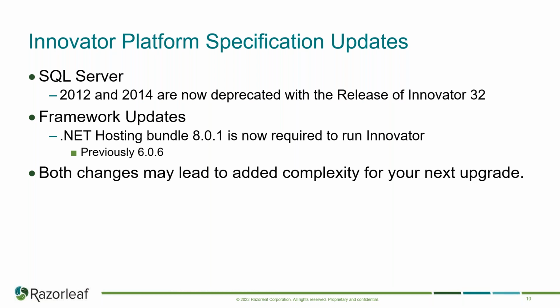Previously on Aras 14 plus, I think following release 22, we were running on the .NET Hosting Bundle 6.06. That has now been moved up to .NET Hosting Bundle 8.01, and that is now required to run Innovator. So if you install 32 and miss this, you'll get some errors as soon as you try to log into the system. So once again, reach out to your partners, whoever you're working with, to coordinate this upgrade, as both changes may lead to a little bit of added complexity for your next upgrade, getting some of that back-end IT infrastructure involved.